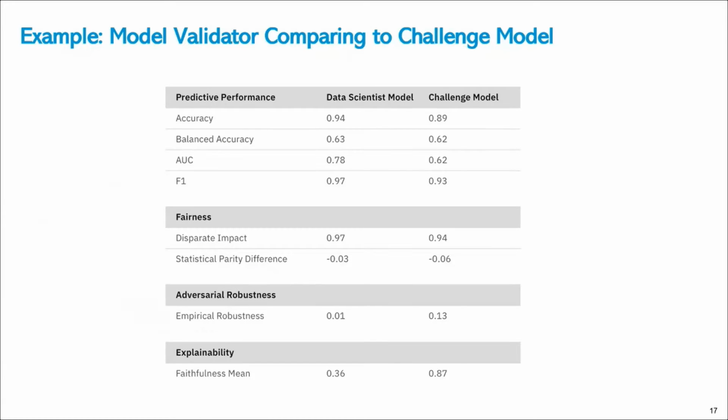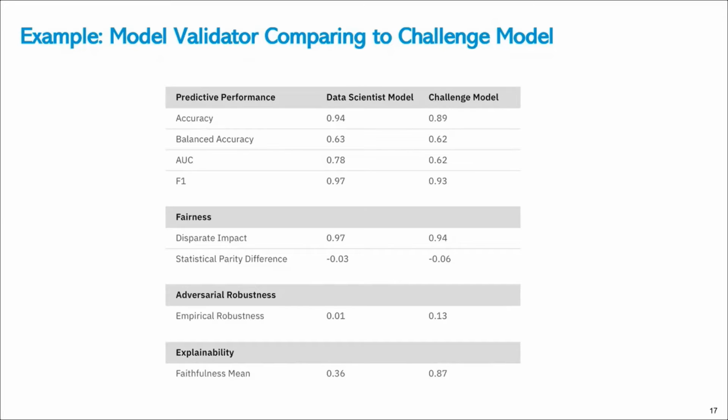Here's another example. It's also on the website. This shows the difference between two different models. So in the financial industry, quite often a validator is going to do a challenge model. A challenge model basically says, I got a model from a data scientist, and let's say it has 100 features and it's a neural net. There's a lot of risk in that because it's a pretty complicated model.